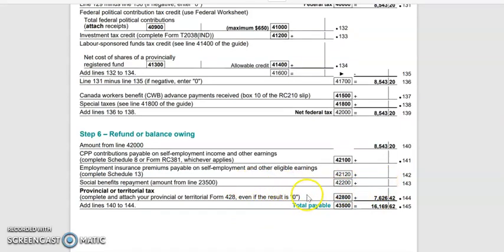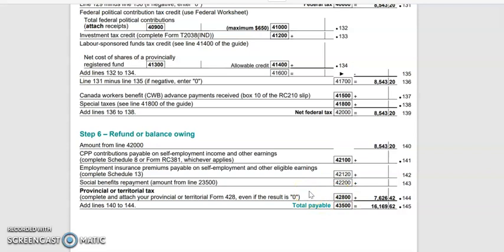The next line, as you can see, is the provincial or territorial tax. So this is where I've got it filled in here already, but this is where we need to go to the provincial form and start filling that out.